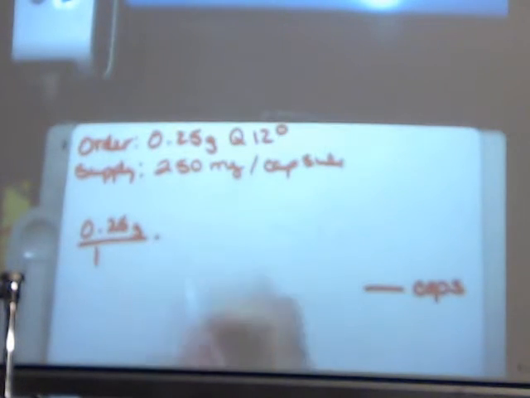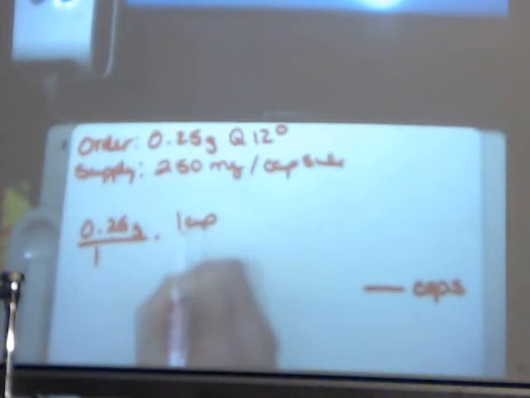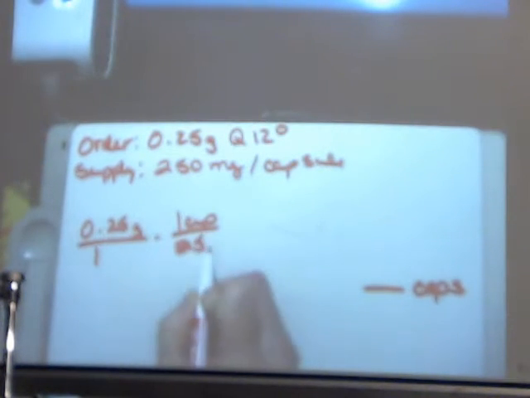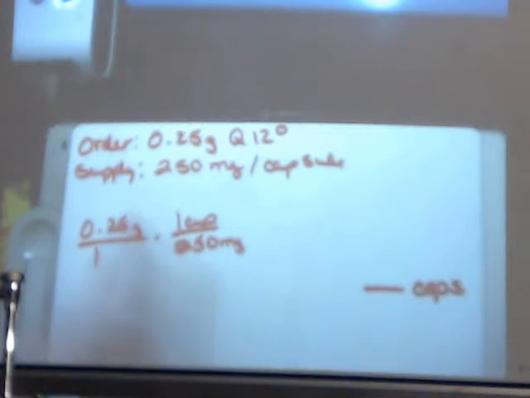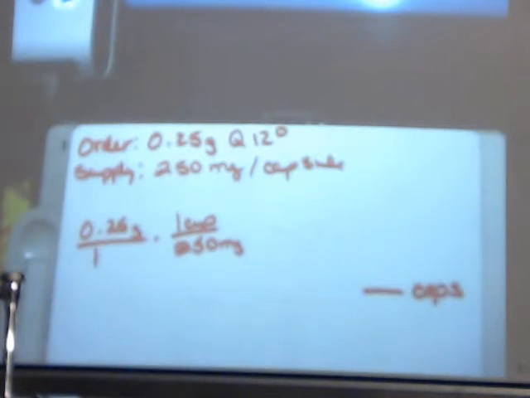Now, what I have on hand, or what's going to go next, is supply. So one capsule equals 250 milligrams. The reason why I want to set that up that way is because these are 2 units of weight, okay? So I'm putting my units of weight together. But what I need is my capsules, right?